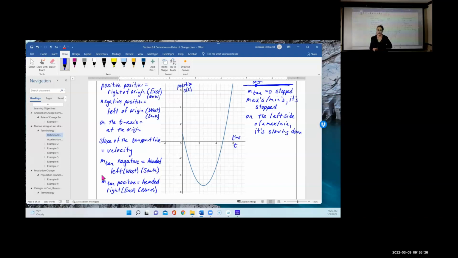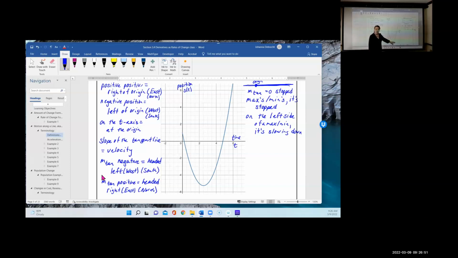The acceleration can be increasing and it still be slowing down. It has to do with whether or not the velocity is positive or negative. All right, so be careful. Deceleration and acceleration are slightly, I know this gets to be a little crazy. All right, but slowing down is what the car is actually doing. Why does it have to be slowing down on the left side of a max or a min?